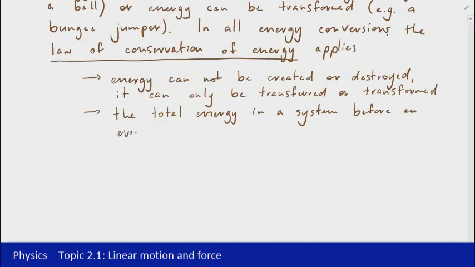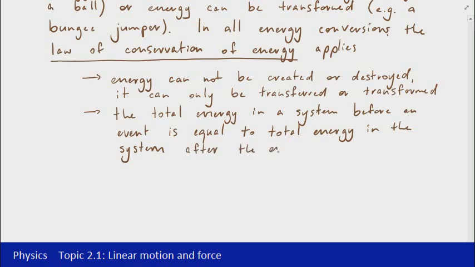So if we think about the situation of kicking a ball, the total energy as the foot is swinging down to kick the ball will be equal to the total energy after the ball has been kicked. And in that case, the system that we're really talking about is just the leg and the ball. There are other aspects outside of that that we're not really interested in. So it's only about the event itself and the system that's involved in that event.